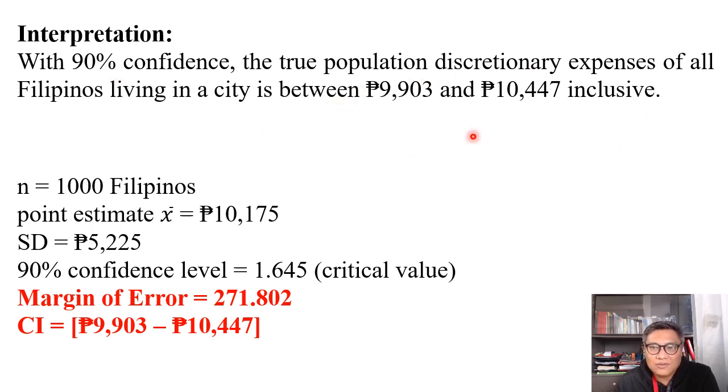So, dito na yung parang ina-approximate na natin what if all Filipinos living in the city will be considered, and what will be their discretionary expenses. So, ito na yung ina-expect natin at 90% confidence, from 9,903 up to 10,447.